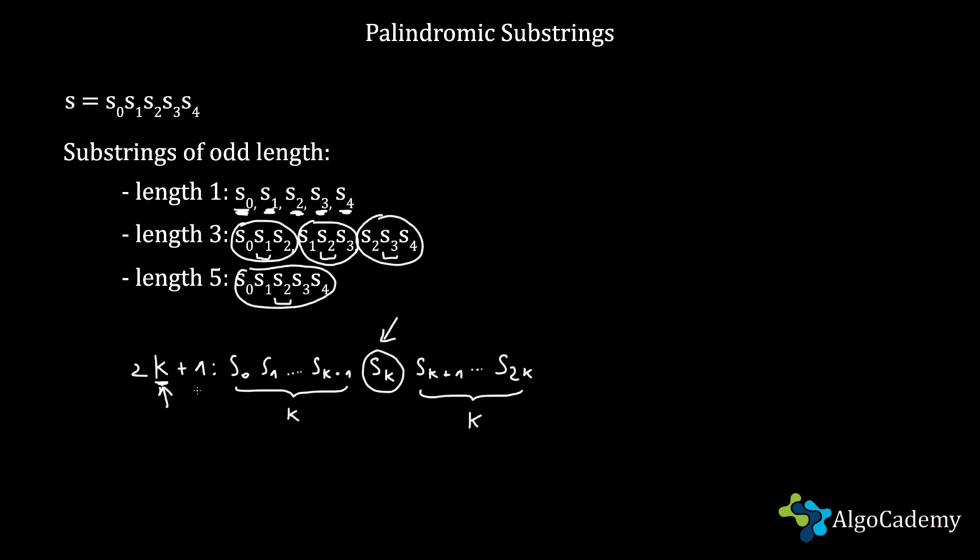Yes, but in this way, by first fixing the middle character and then just incrementing the K, you can notice that what happens is that we start with a substring of length 1, so I equals J, and each time K gets incremented, I is getting decremented and J is getting incremented.